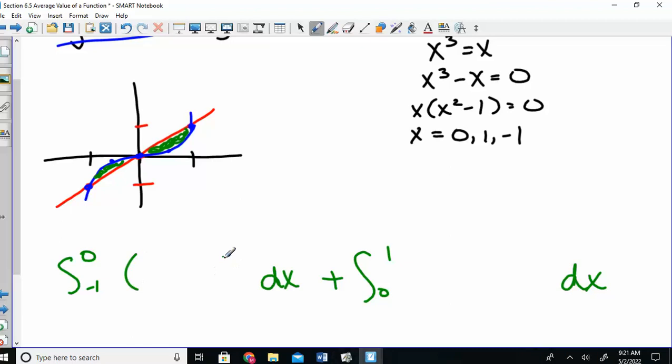Okay, the only thing that changed was your top and bottom curve. So on the first section, between -1 and 0, which one's on top? x cubed minus x. The next section, which one's on top? X, so we have to do x minus x cubed.